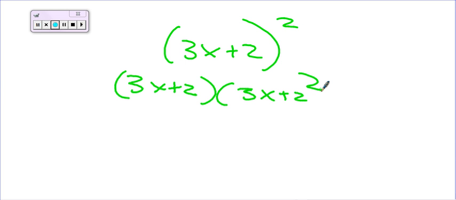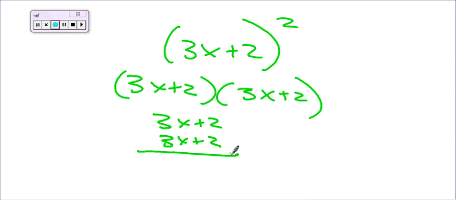What you actually want to do is physically write out 3x plus 2 times 3x plus 2. I meant to put parentheses there. You'll get a very different answer, and a very correct answer. That's 9x squared, plus 6x, and then 6x again, and then plus 4.